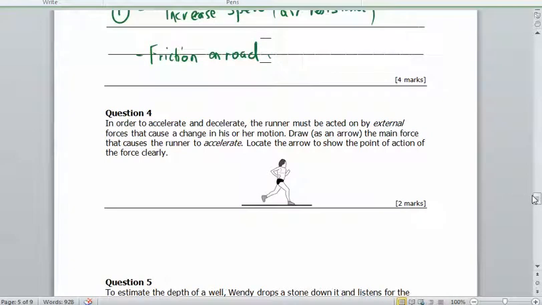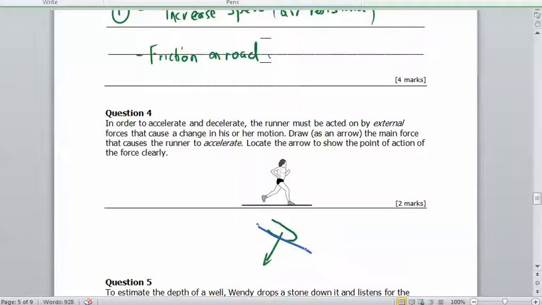What about this one, guys? A runner. If we look at the shoe and the ground, the runner is actually pushing at an angle.